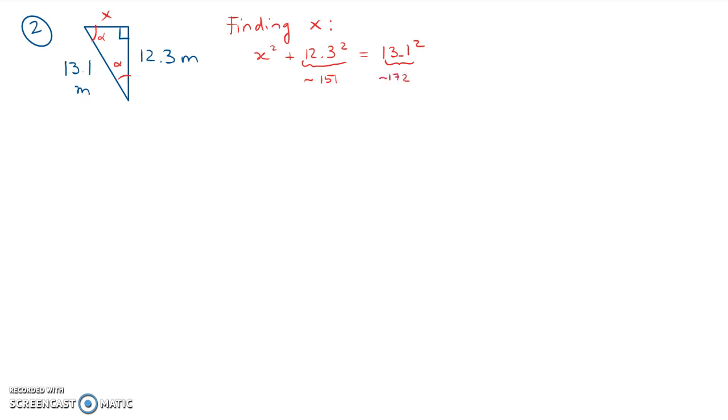These are approximations to three significant figures. If you use these approximations, you will get that x is the square root of the difference between 172 and 151, which is 121. So that will give us a value of x of 4.58.